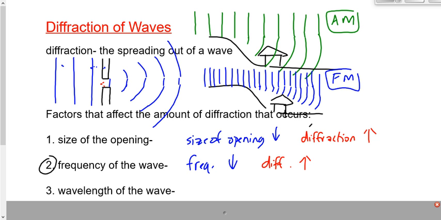If I'm listening to my FM, which is higher frequency, then you can see that it diffracts less, and that's why I couldn't hear it at the base of the hill. Now, why could I hear that FM station on the other side of town when I was leaving school? Here's my car as I'm driving home from school. I'm on the other side of town.